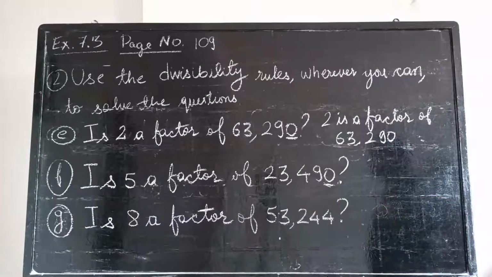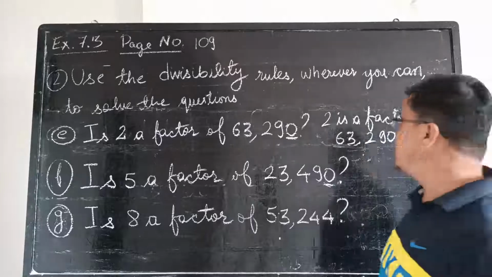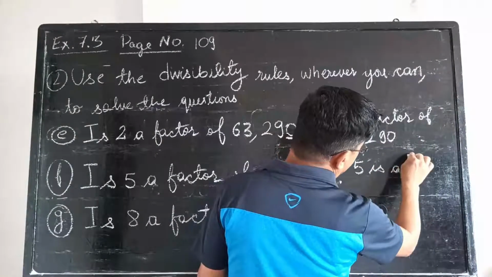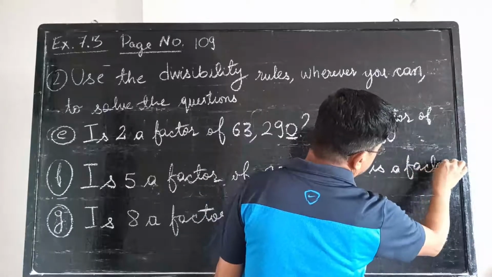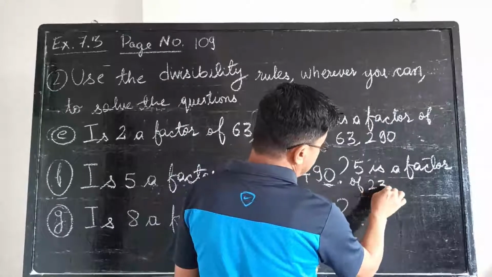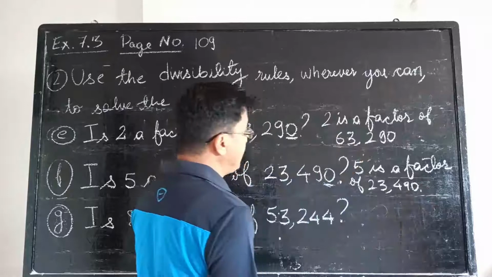So since the last digit is 0, 5 can divide this number exactly with no remainder. So here also you can write, 5 is a factor of 20,490.